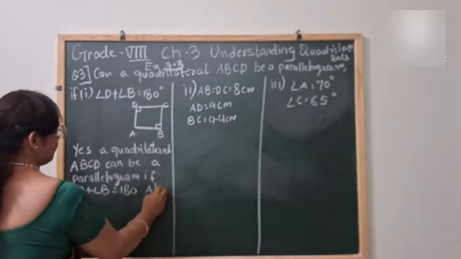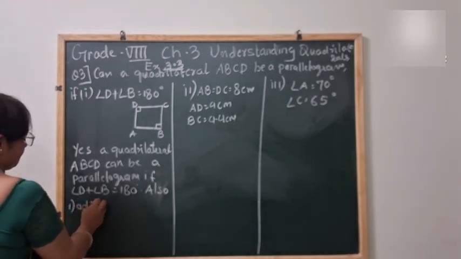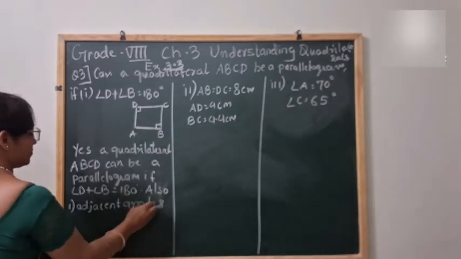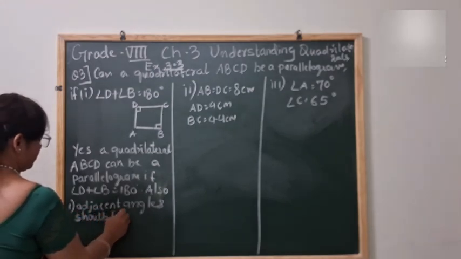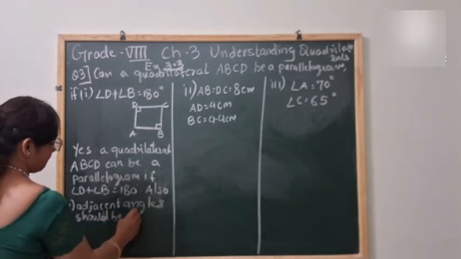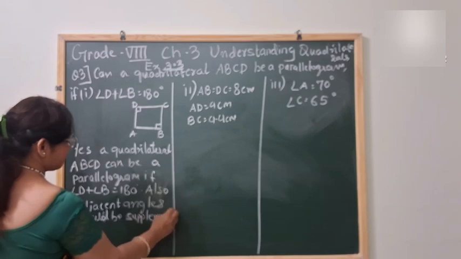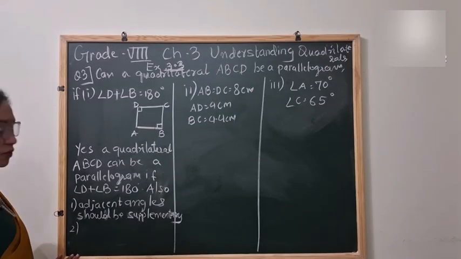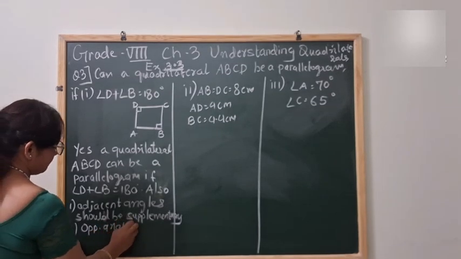Also, adjacent angles should be supplementary, the sum of these two should be 180. And second, opposite angles should be equal.